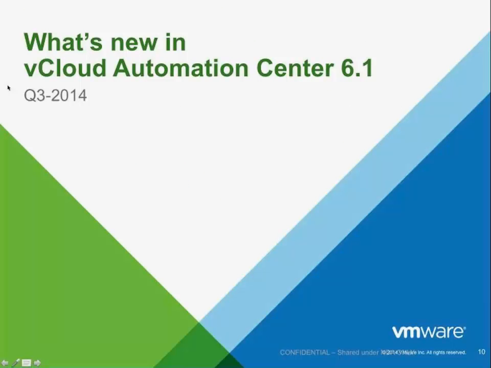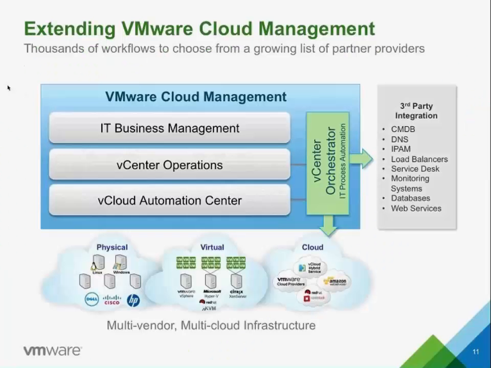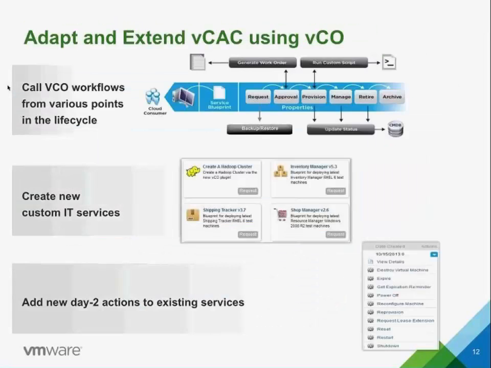So what's new in Cloud Automation 6.1? There's a lot of cool stuff. So number one, we've got tons and tons of new Orchestrator process automation plugins. We've got all of these workflows, and this is basically that idea of creating anything as a service, right?